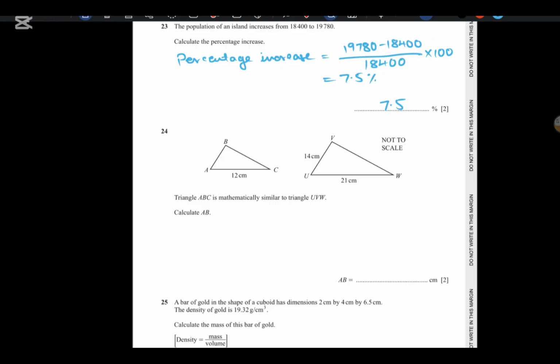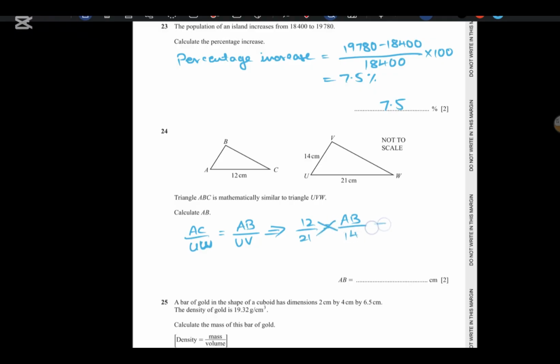So take those sides. AC by UW is equal to AB by UV. So 12 by 21 is equal to AB by UV, which is 14.